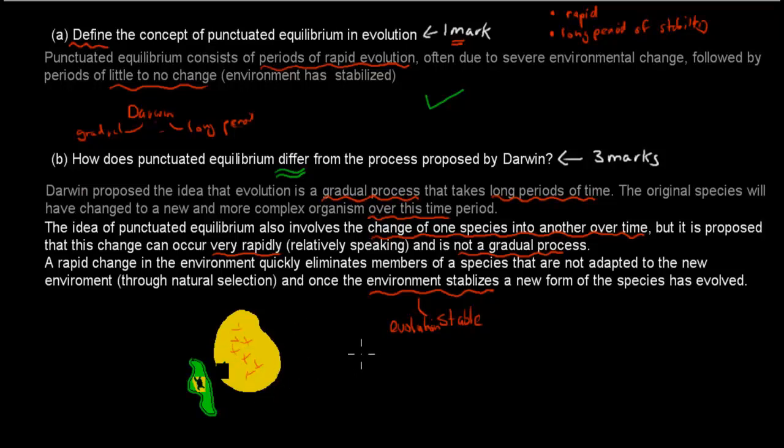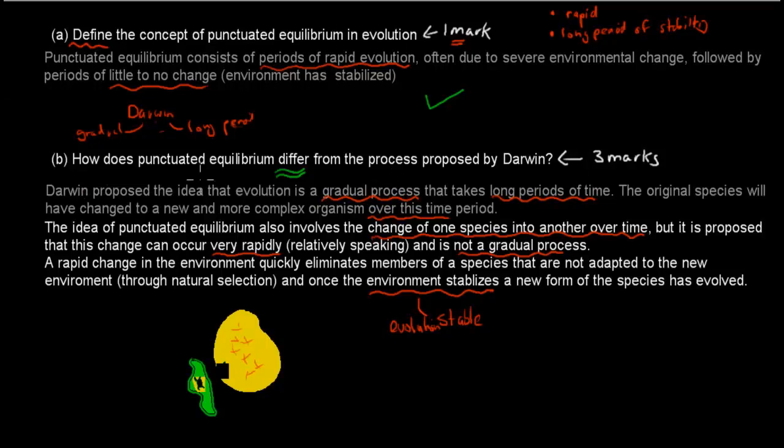We've also got marks for that. But the main idea is that it happens over a short period of time. It's very rapid, and then it halts, whereas Darwin's takes a long period of time. It's very gradual, and like a horse or anything else, evolved over millions and millions of years.